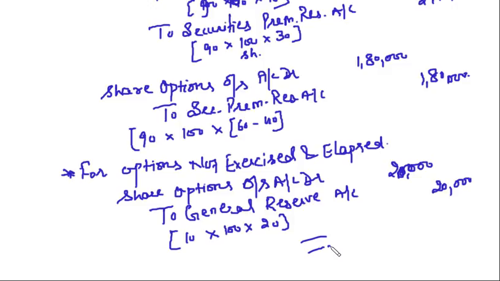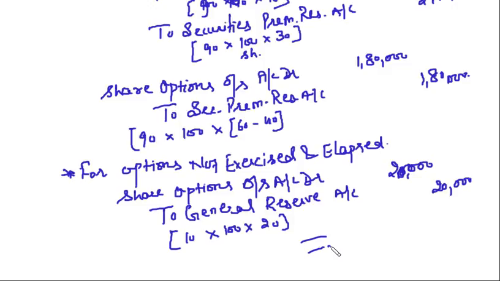Clear? So friends, this is all about the employee stock option plan, ESOP, right? The company gives an option to the employees. That is an option, not compulsion. The company gives an option to the employees to subscribe to a certain number of shares after a certain period of service at a value which is less than the market value.